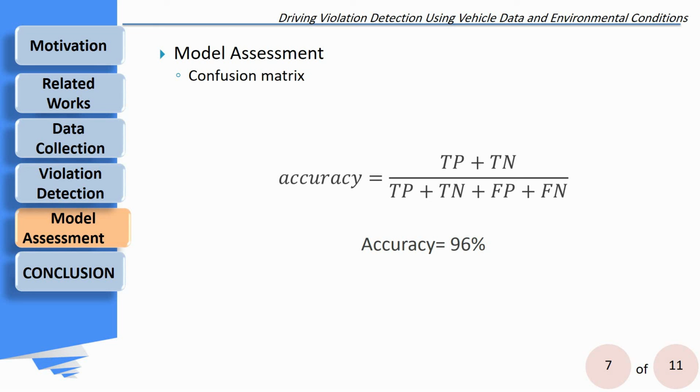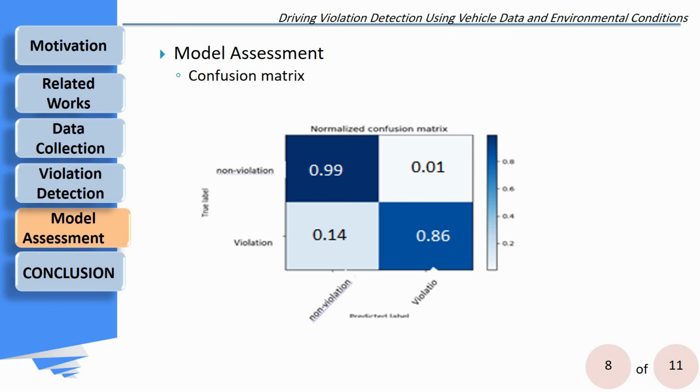For evaluating the models, we use several techniques. In the first step, we use the accuracy. The accuracy of our model is about 96%. And here we can see the confusion matrix that shows the efficiency of our model.